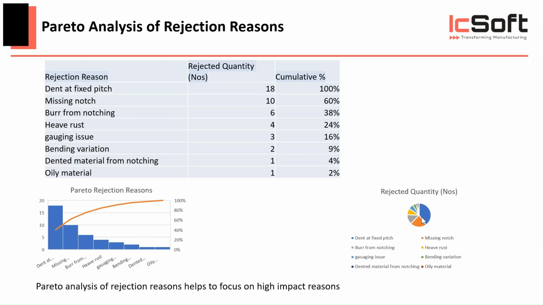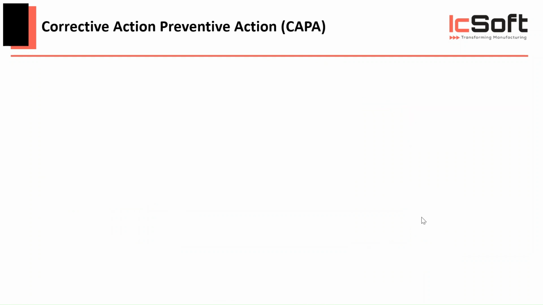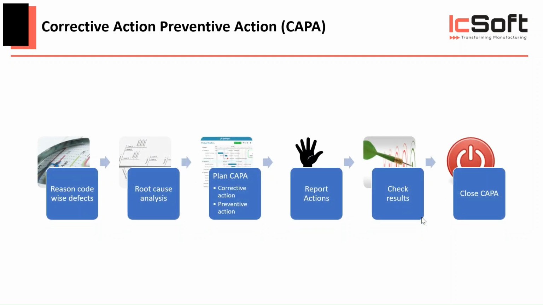We want to focus on those. And once we decide to focus on those, what do we do? We trigger a corrective action, preventive action, or CAPA. How does CAPA work in IcSoft?